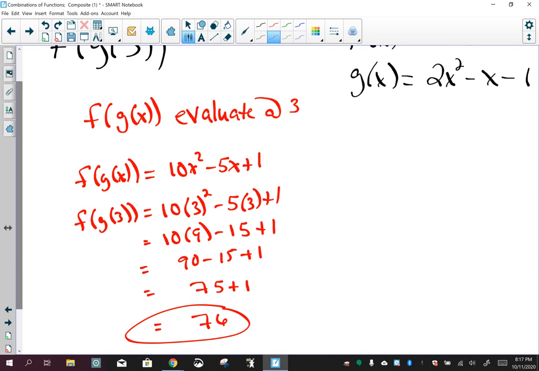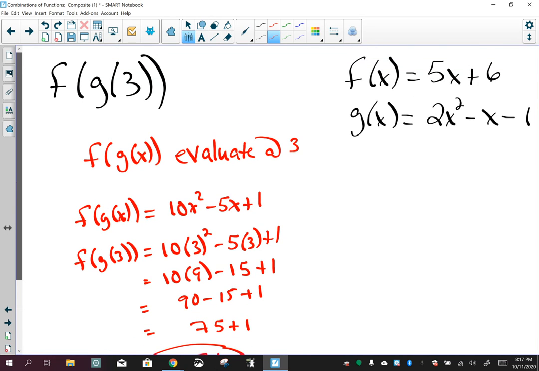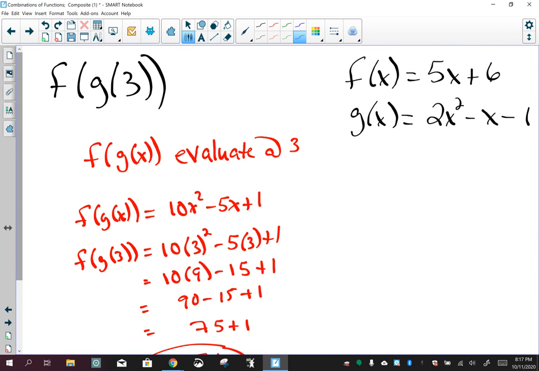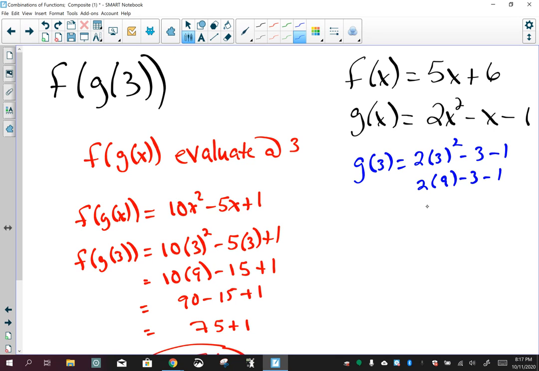So if, for whatever reason, let's say you didn't do this piece here earlier, you can go through and do the first part, or the other way you can do it is like this. You can come over here and say, okay, g of 3. Well, g of 3 is 2 times 3 squared minus 3 minus 1. So that's 2 times 9 minus 3 minus 1, 18 minus 3 minus 1, that's 14.